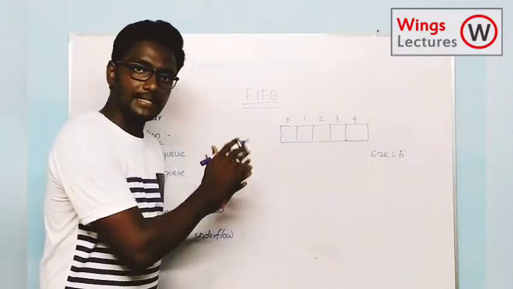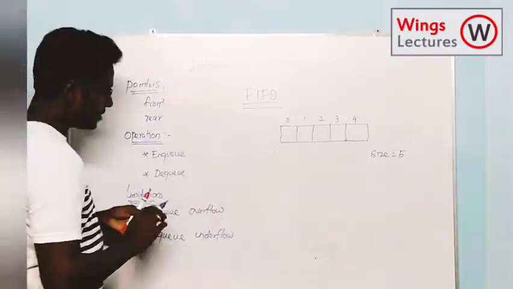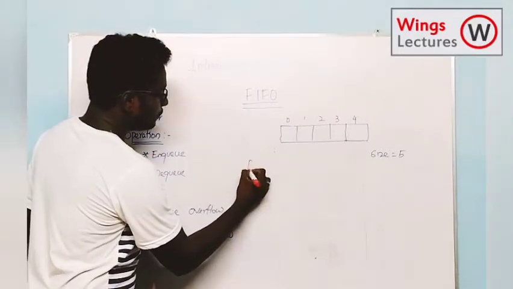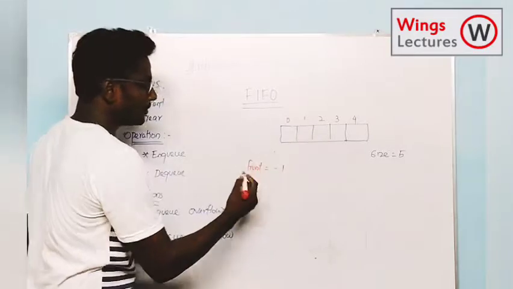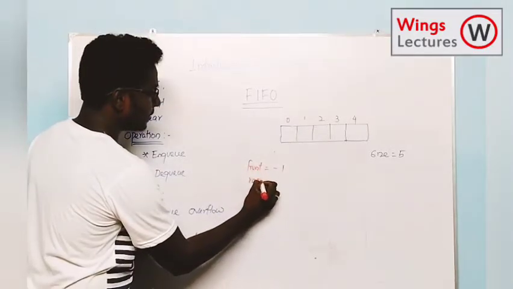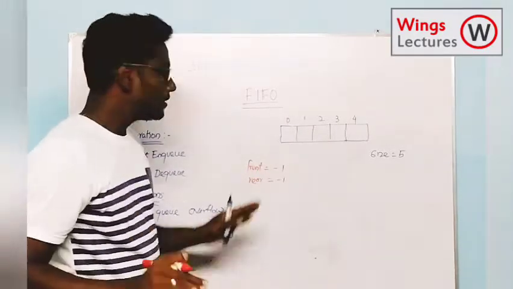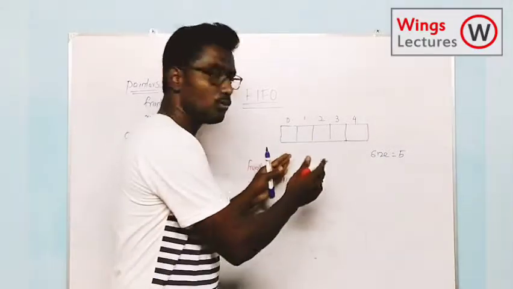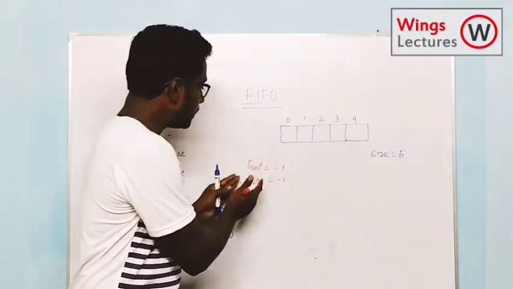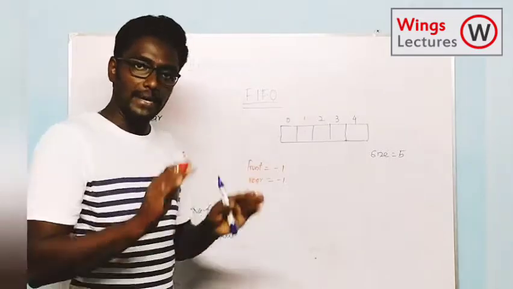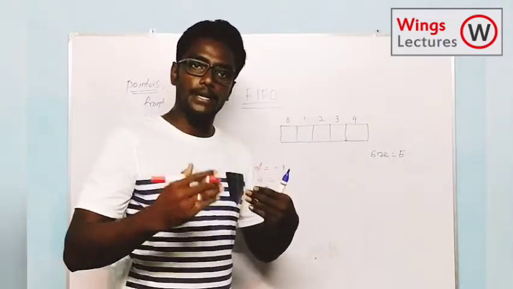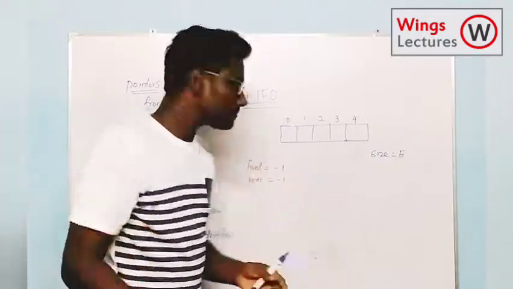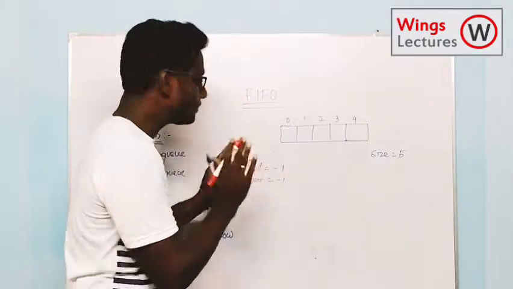Let me explain with an example. Initially the value for the front pointer will be -1 for an empty queue, and the rear value is also -1 for an empty queue. If there is no data in the queue, the values for these two pointers will be -1 because it doesn't have anything. Same as the top pointer in an empty stack, that is -1. So we are going to follow the same value.